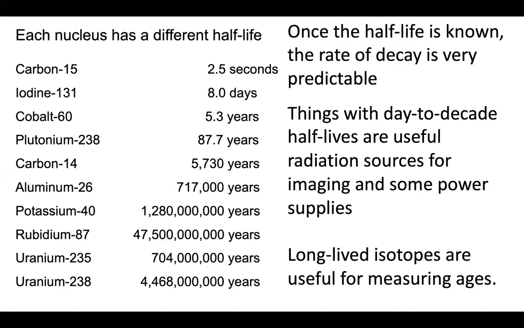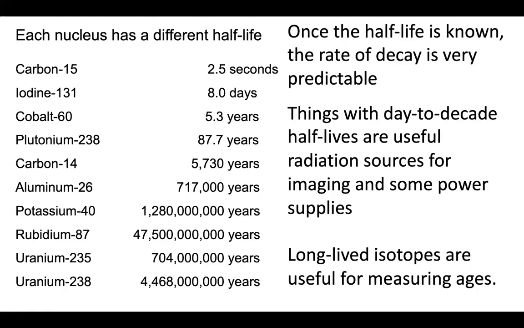Now, the other way that this can be useful is that things with long half-lives, like uranium and potassium and carbon-14, are useful for measuring ages of things. And just to say, I could go on about this for days, so I'll control myself. But these things are often used to figure out how old material is.